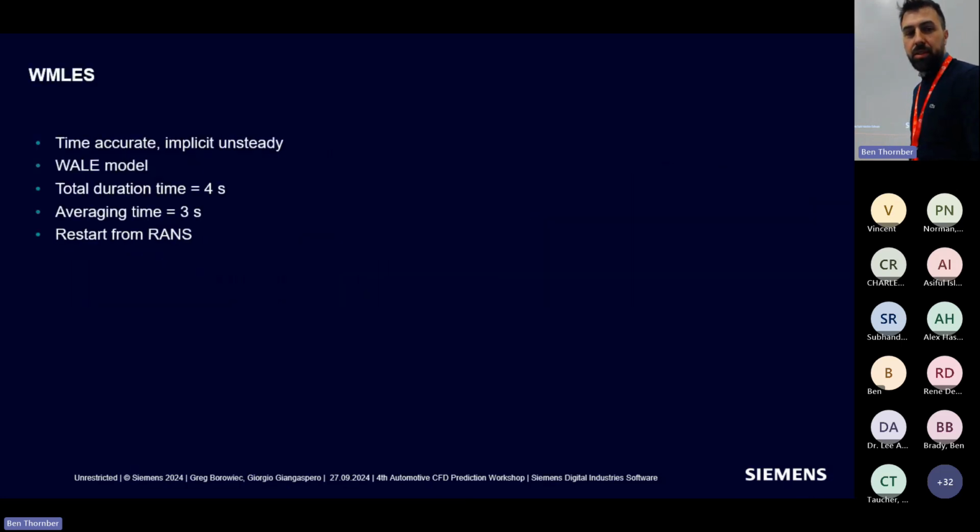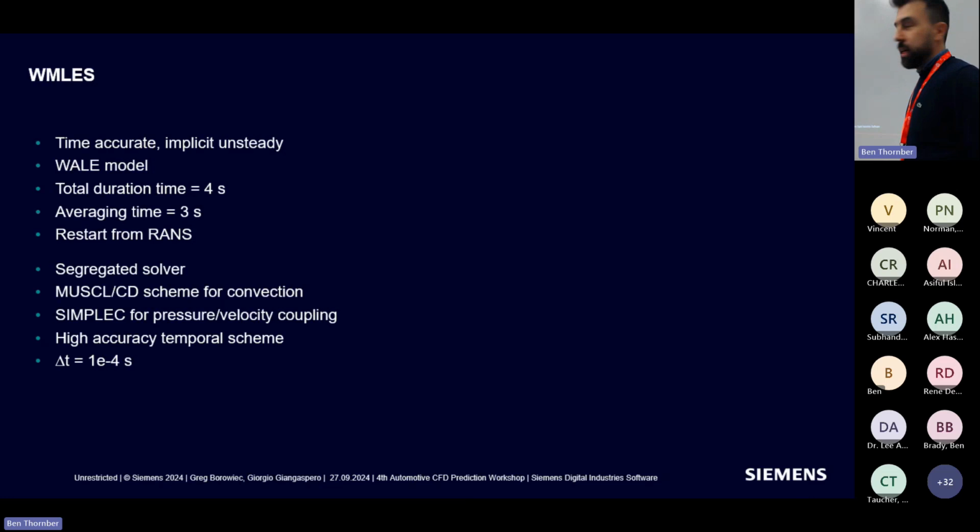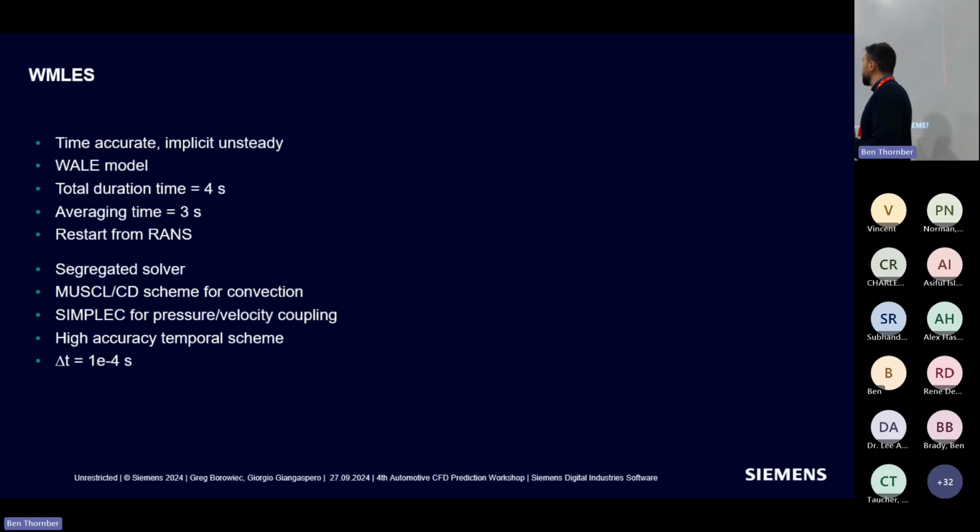So first, the settings, the usual ones. Implicit time stepping, BDF2 formula, and using the wall model. The total duration is 4 seconds, but we throw away the first second, so we're averaging over the last 3. So hopefully this keeps the Skoda guys happy. In this particular case, I'm restarting from previous runs.